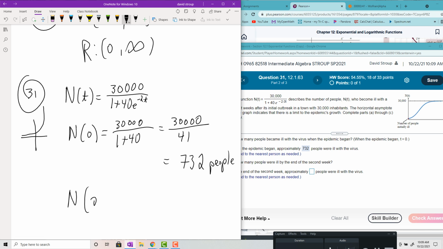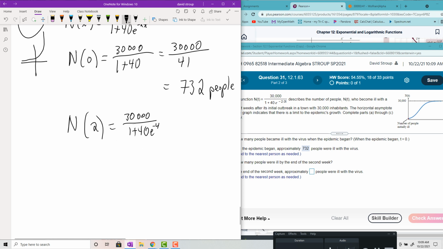How many people will be ill at the end of the second week? So plug in 2. So you get 30,000 all over 1 plus 40 e to the negative 2 times 2, which is negative 4. So I've got to do a little bit of calculator work. I type in 30,000 and then divided by, and then I have to hit parentheses, right? So it'd be 1 plus 40 e and then caret.